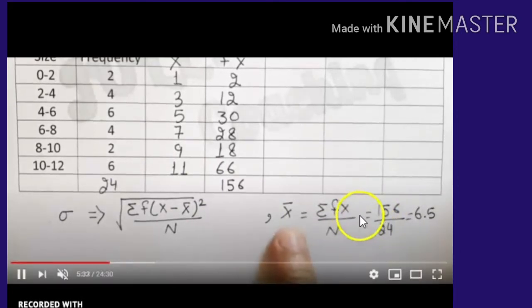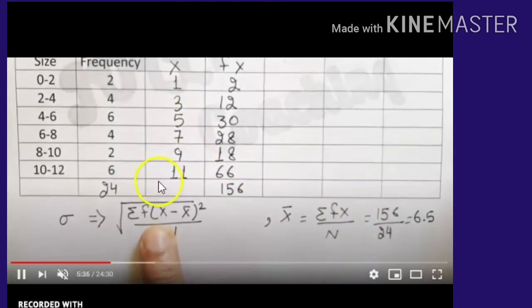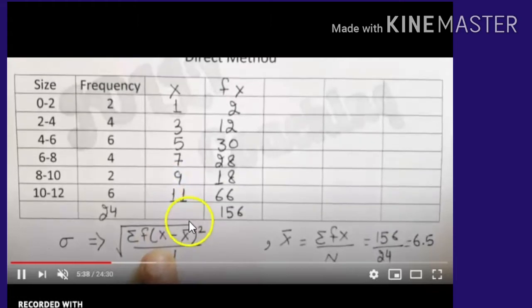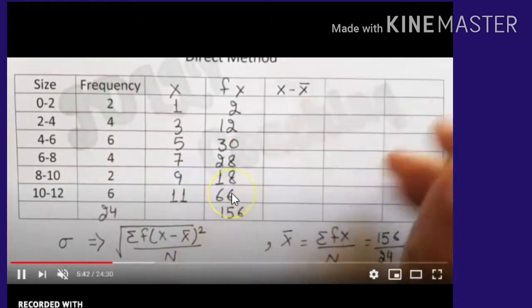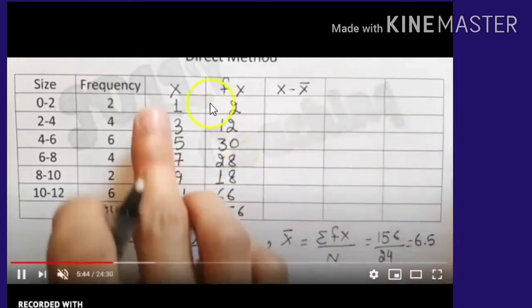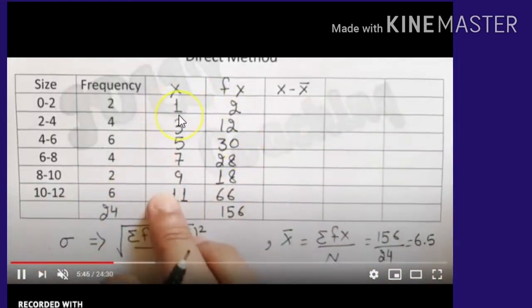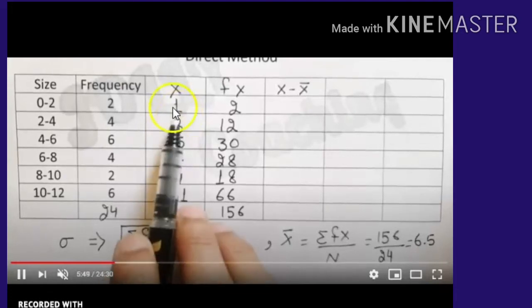So 6.5 has to be subtracted from the x column to find x minus x bar the whole square. First you do x minus x bar. The x column is here, so you subtract 1 minus 6.5, like that.